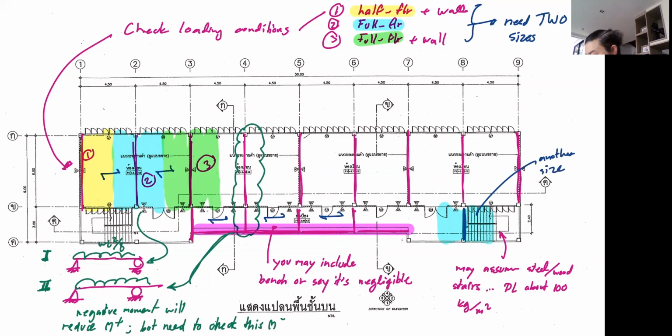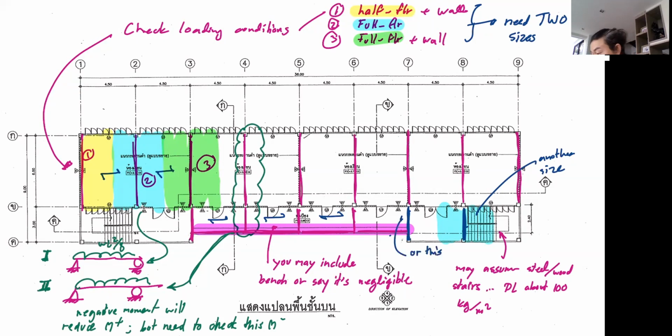And when you check this one, which is the most critical, you can use that for this. Or you may, because when you look at this beam, this has to support this beam coming in, right? But this beam doesn't carry much of anything, so you can also calculate this or this.